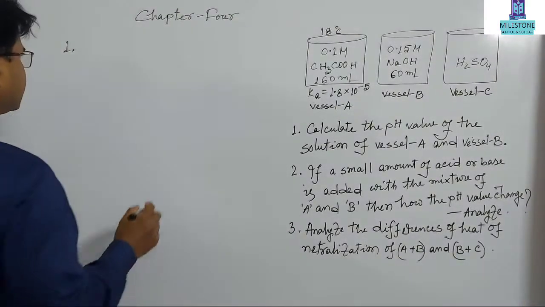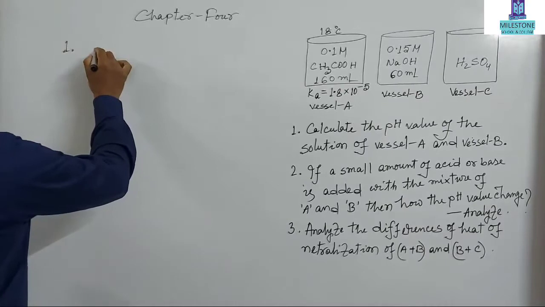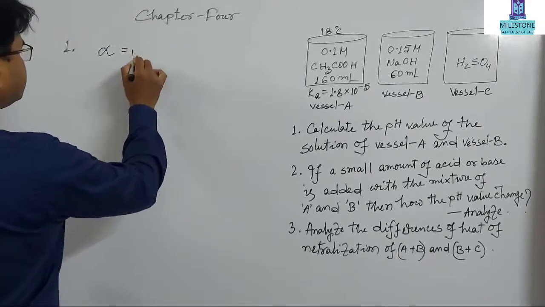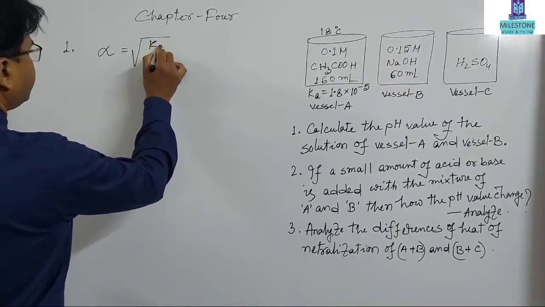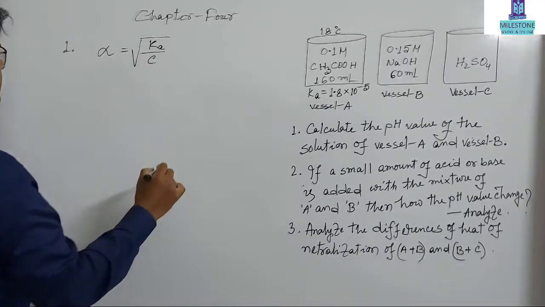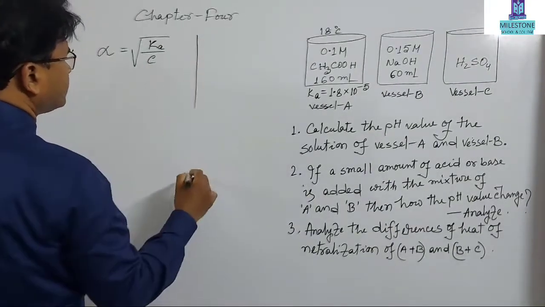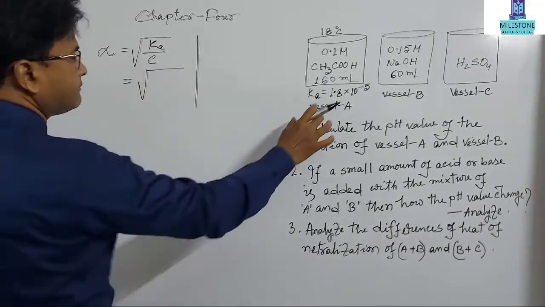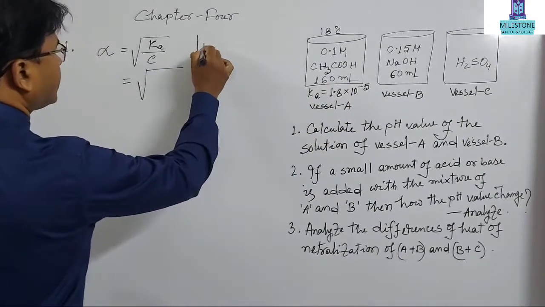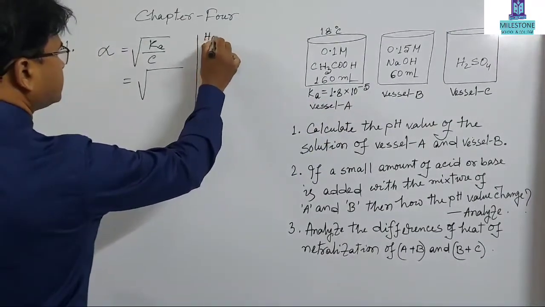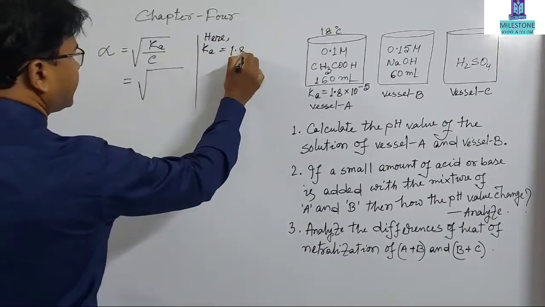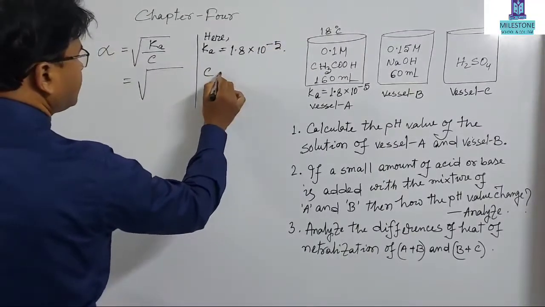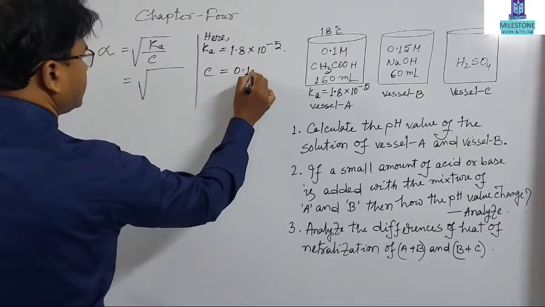So, from Ostwald's dilution law, we know that the degree of dissociation alpha is equal to root over Ka by C. Here the value of Ka is equal to 1.8 into 10 to the power minus 5, and the concentration of acetic acid is 0.1 molar.